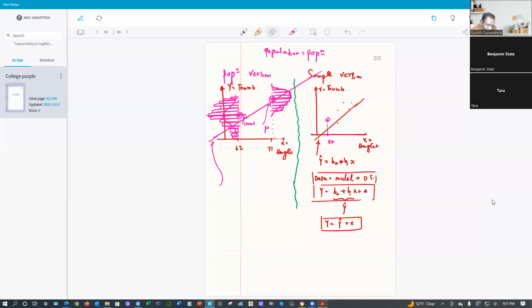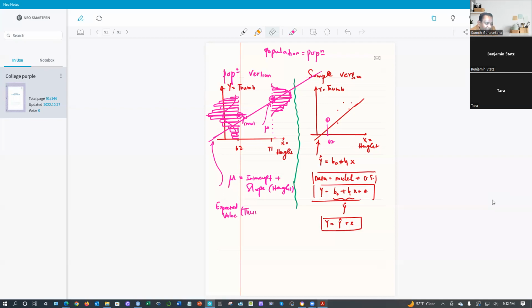So the equation of this one is nothing but mu, the intercept, plus slope times the height. You know that one. Who is mu? Mu has another name: the expected value of thumb length.